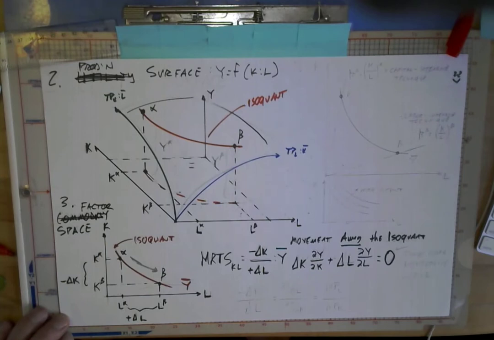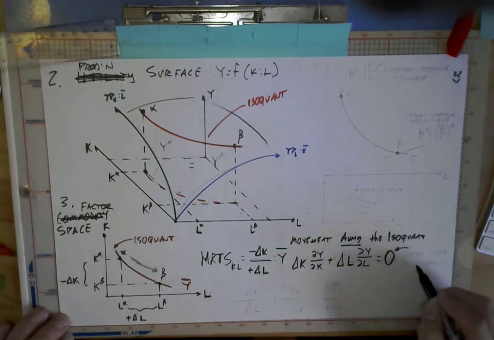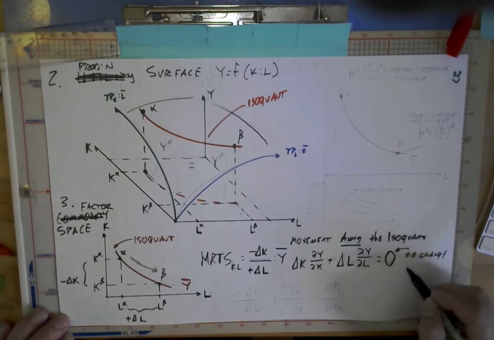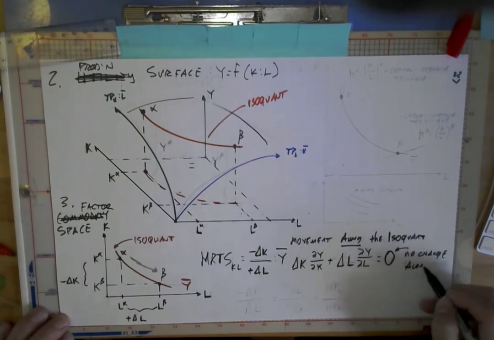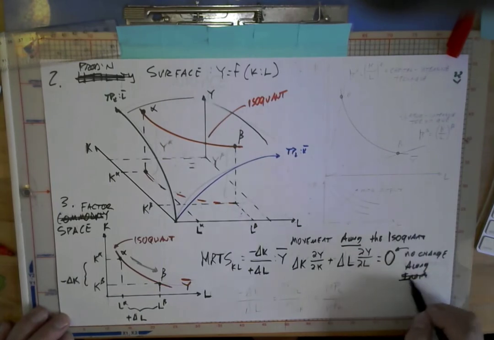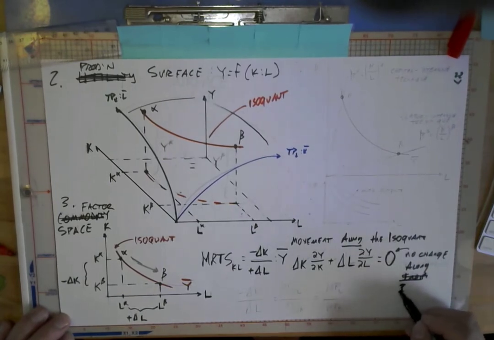That's the whole point: there is no change in output along the isoquant.